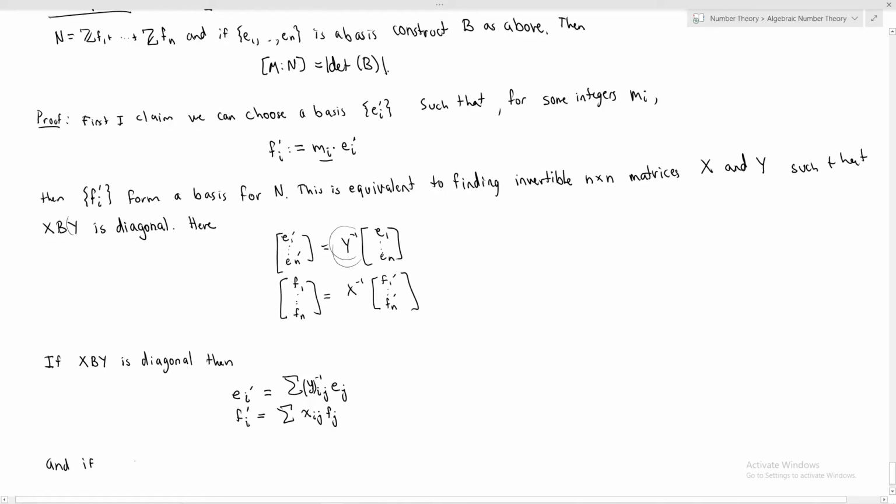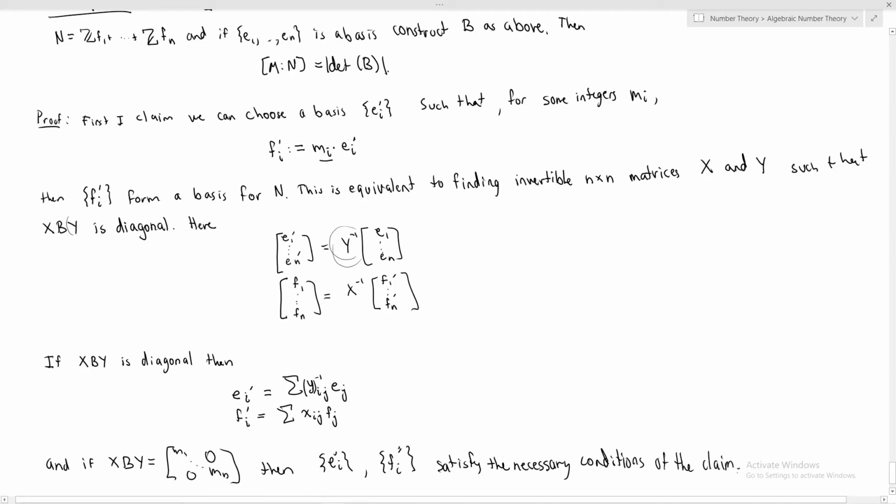So let's say the diagonal matrix x b y equals m1 through mn, then these bases will satisfy the conditions. So they satisfy the necessary conditions of the claim.